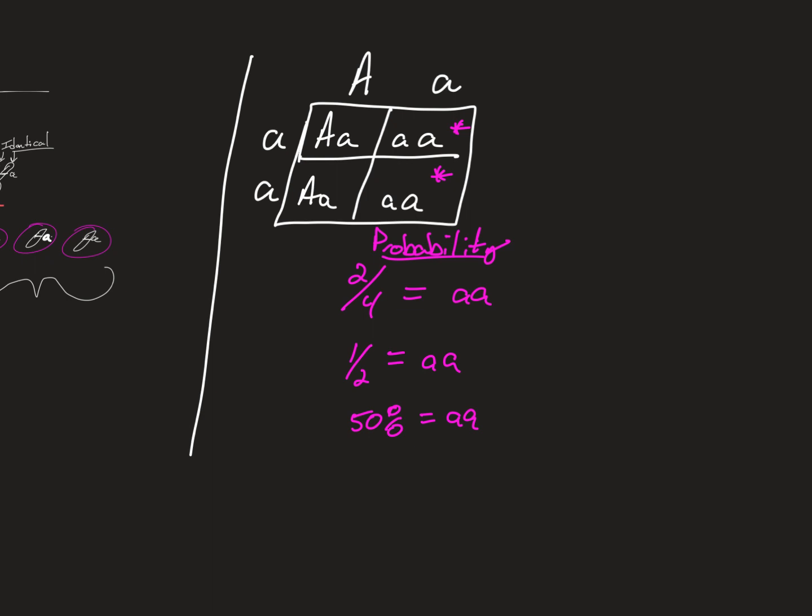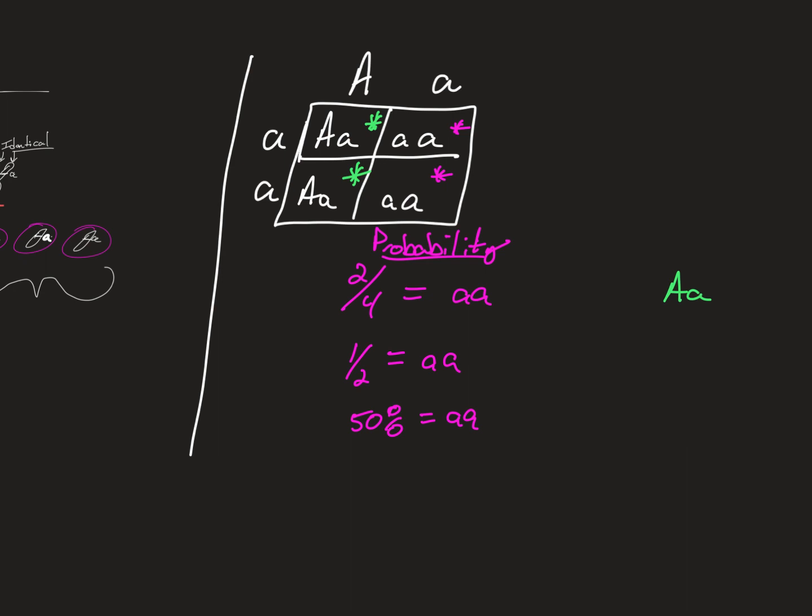So the other possibility is that you have a big A, little a. There is no way to get a big A. If you think about it, there's no big A that this one could give. And it makes intuitive sense. If mom is little a, or dad is little a, how could he possibly give a big A?